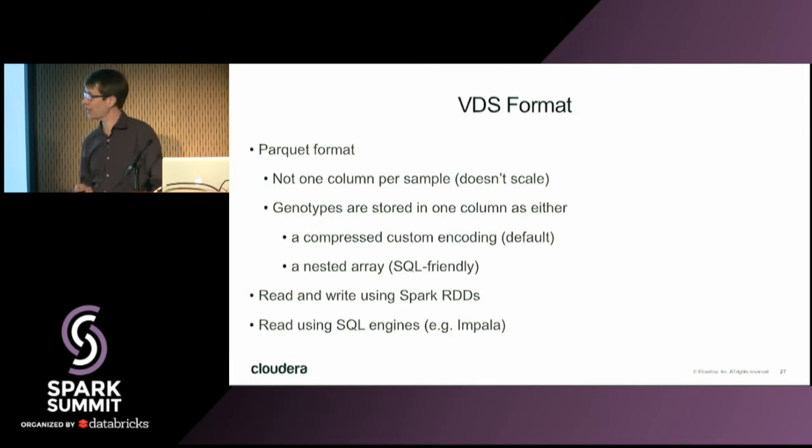So it has to have a custom encoding to allow that to be stored properly in Parquet. And the way that Hale works is it operates using RDDs. So you can read and write these data structures using RDDs. You can also use SQL engines like Impala to query it as well because it's stored in Parquet. So it's kind of accessible to other tools in the Spark and Hadoop ecosystems.